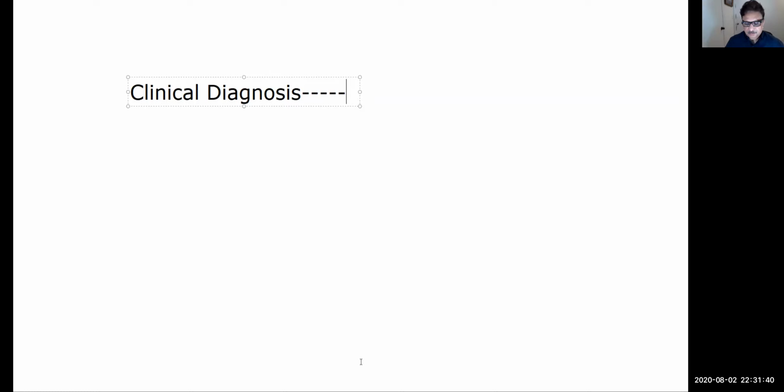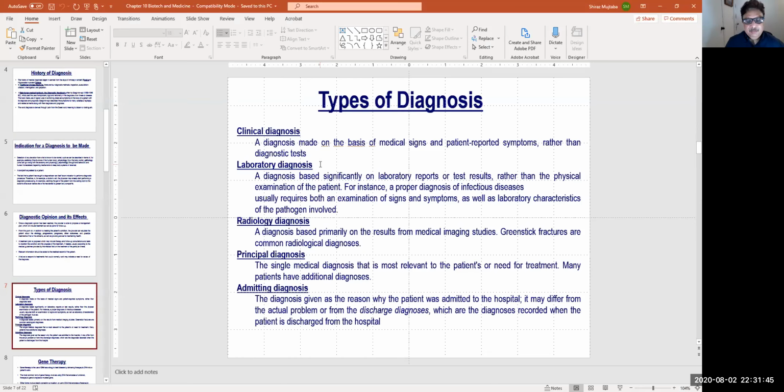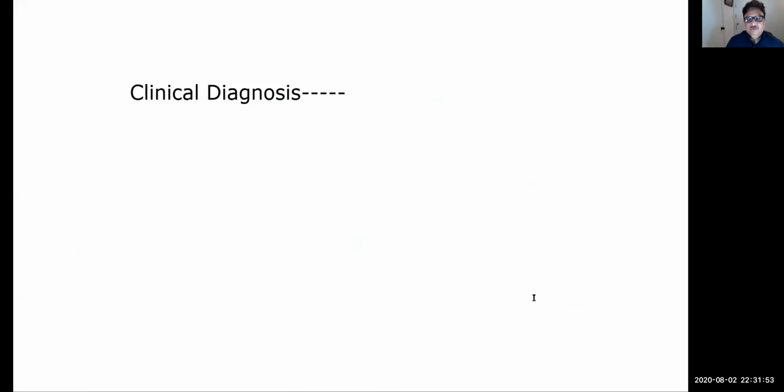The second type of diagnosis is lab diagnosis. So let's say a patient comes with a clinical picture where it is not clear what the person is going through. So a physician needs to send samples to a lab.